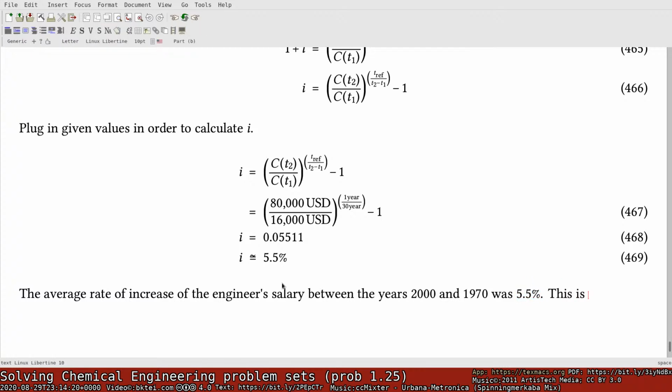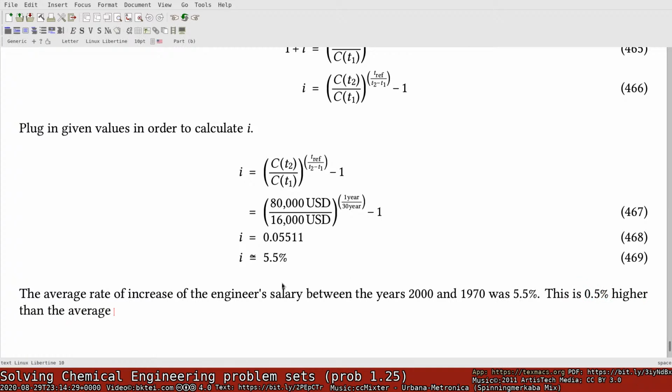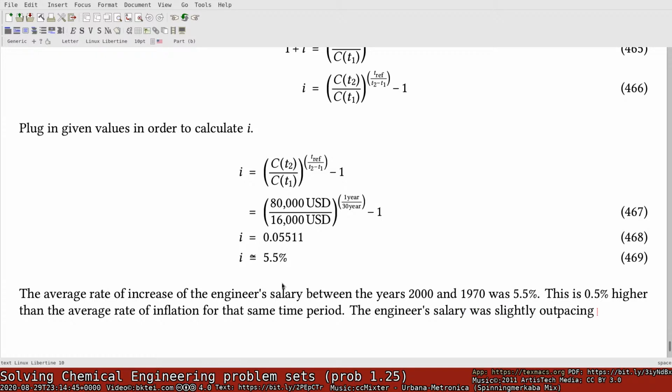This is 0.5% higher than the average rate of inflation for that same time period. The engineer's salary was slightly outpacing inflation.